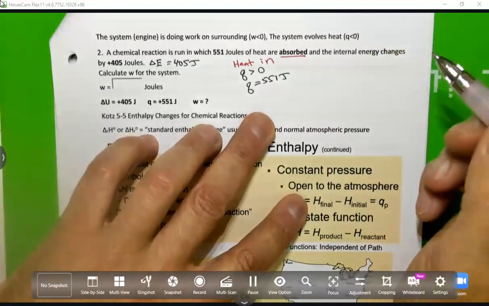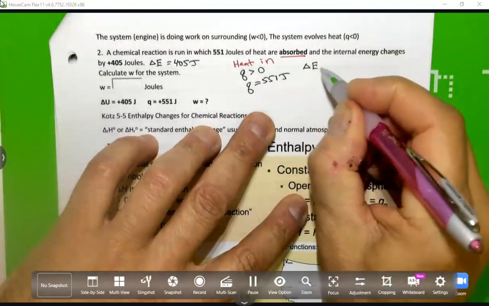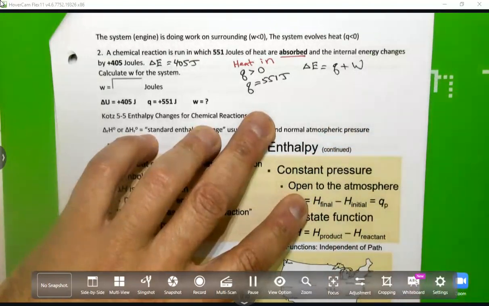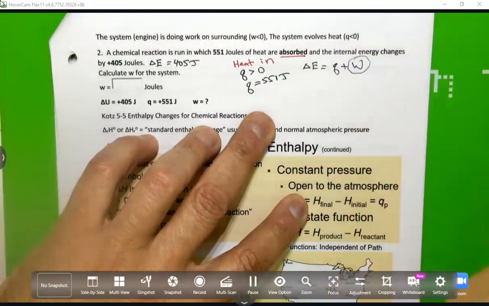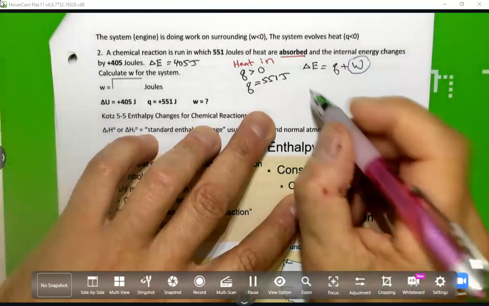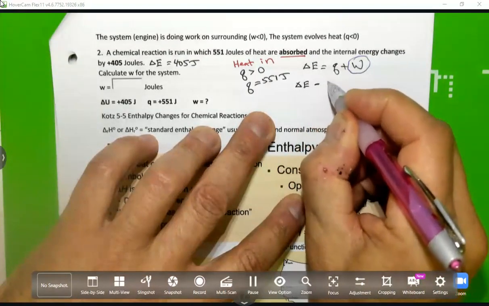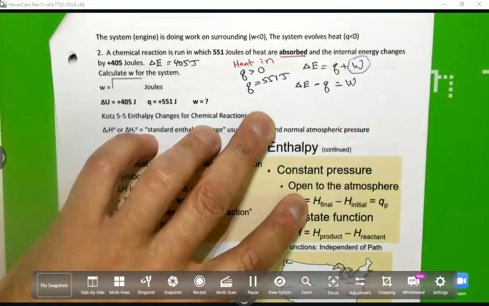It wants to know how much work is done. So my change in energy minus my heat would equal my work done, right?